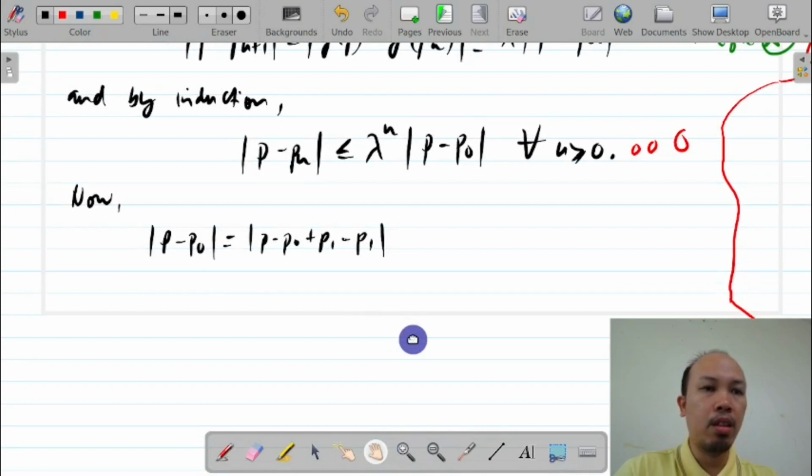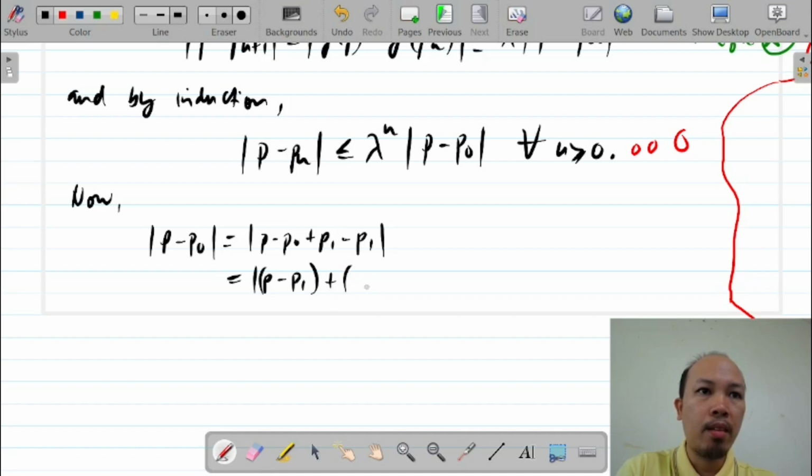We will use the idea of the triangle inequality. By adding P sub 1 minus P sub 1, this is just 0, so this is equal to this quantity. Next we rearrange: P minus P sub 1 plus P sub 1 minus P sub 0.